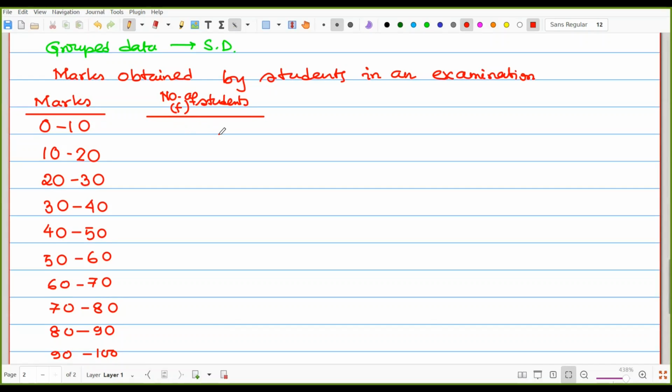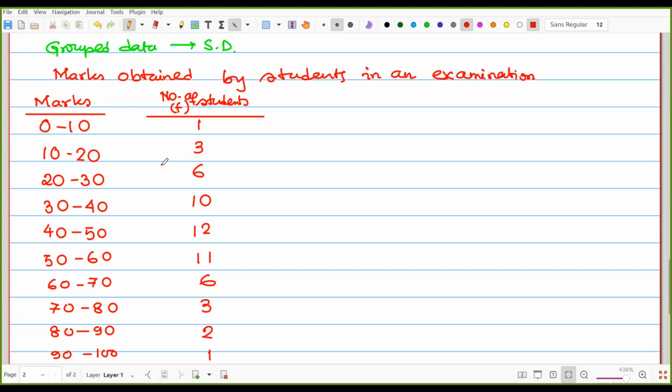So from 0 to 10, that is 1, 10 to 20, 3, 20 to 30, 6, 30 to 40, 10, 40 to 50, 12, 50 to 60, 11, 60 to 70, 6, 70 to 80, 3, 80 to 90, and 90 to 100, 1. So that is practically how the problem data has been given. So we have to find out the standard deviation or sigma from here.